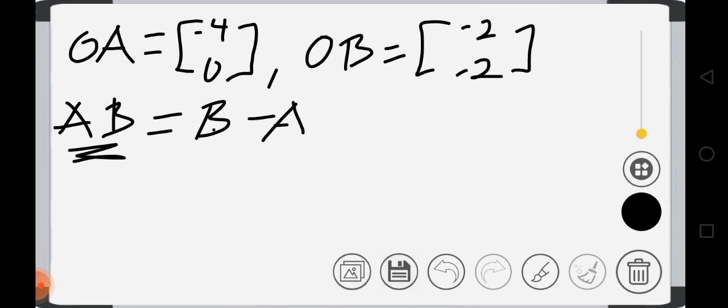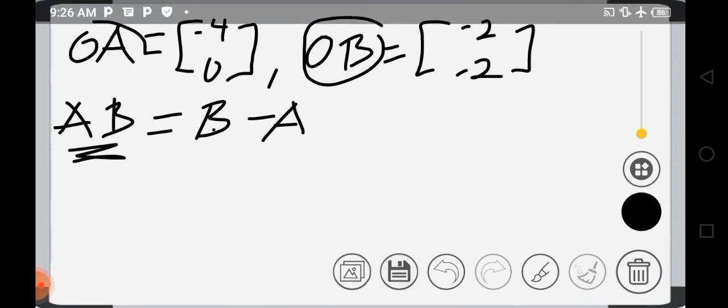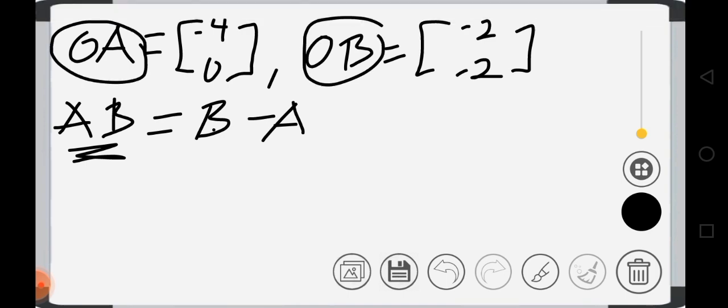B minus A. So vector B is this, which is OB. Vector A is this, which is OA, where O is the origin. So we are going to call OA A, and we are going to call OB B. Let me solve it using the two methods so that you see it. We'll solve it like this first.